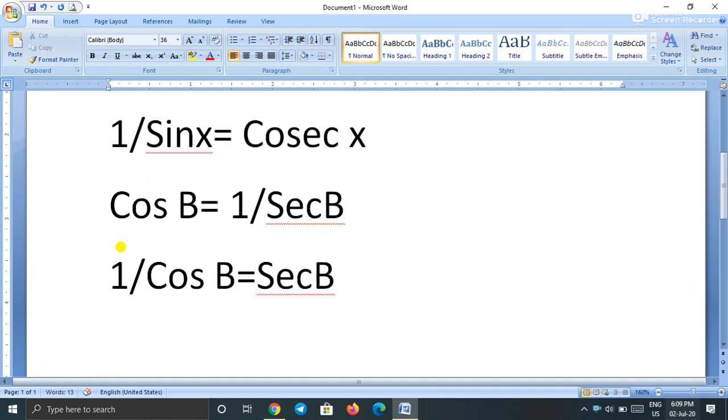So if I write this formula in inverse trigonometric function, then I have already told you in inverse trigonometric function the formula will apply only in the variable.